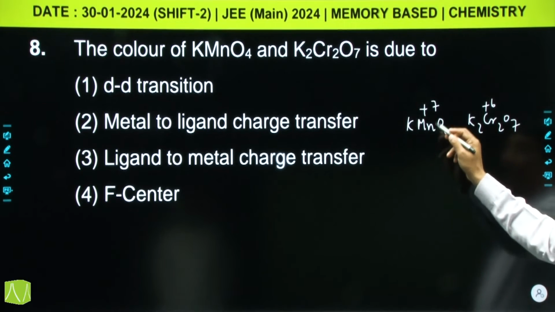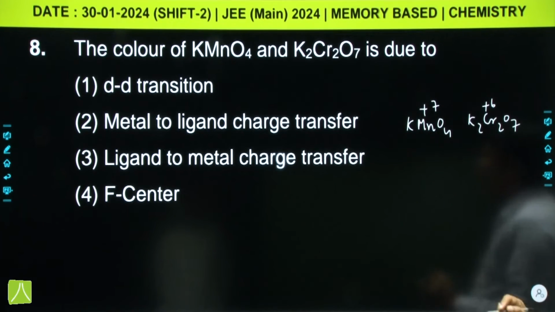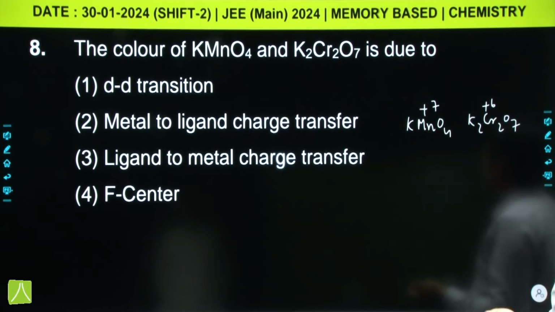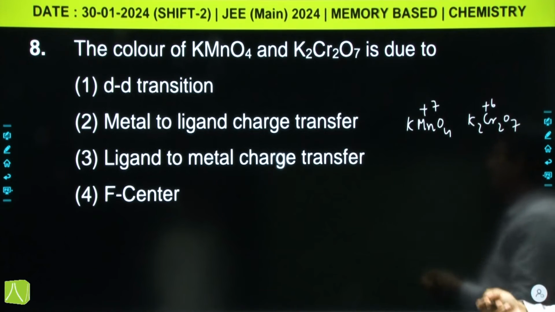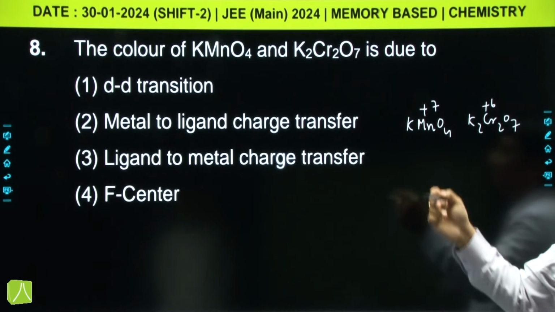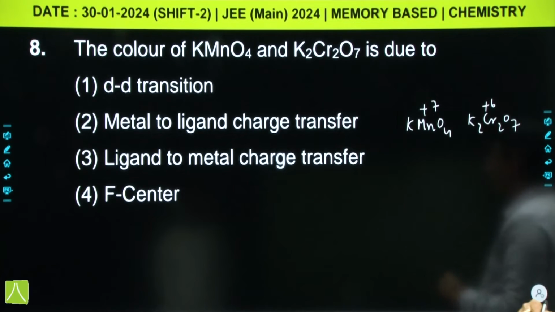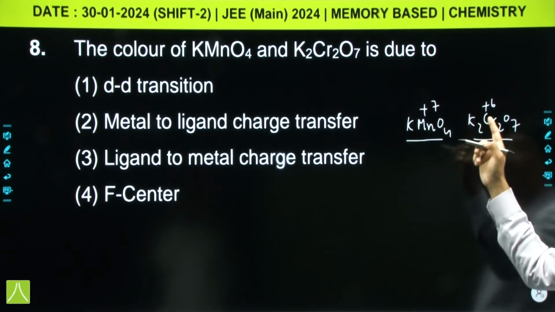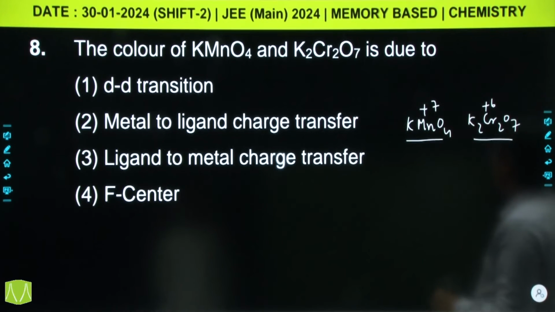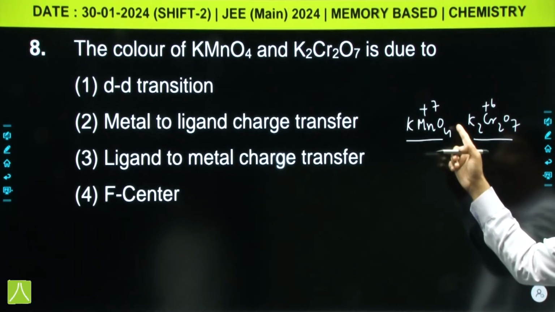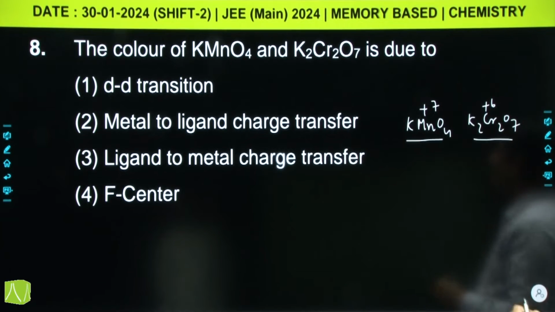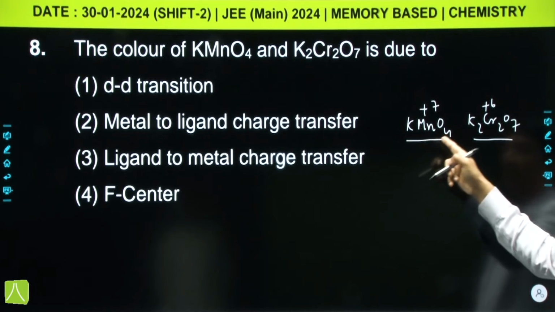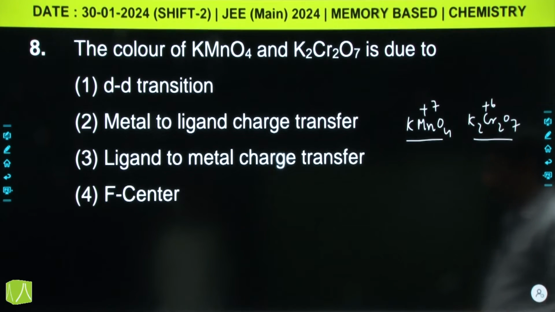In Mn +7 state there is no unpaired electron, in Cr +6 state there is no unpaired electron. And you know, generally for showing color there should be unpaired electrons, then they can show d-d transition. But in these cases the color is due to ligand to metal charge transfer. So here ligands are oxide ions, ligand to metal charge transfer is taking place, that is why these are showing the purple color and orange red color.